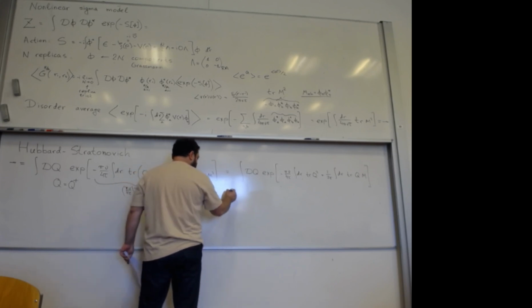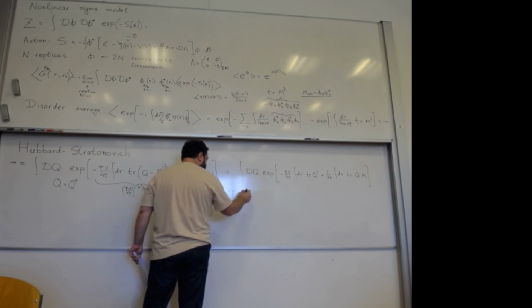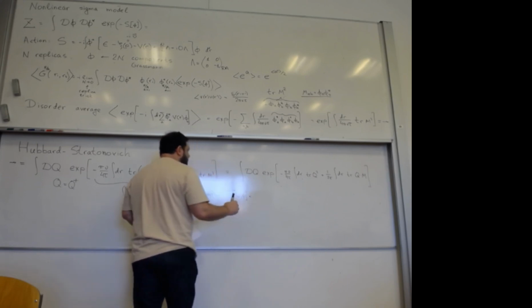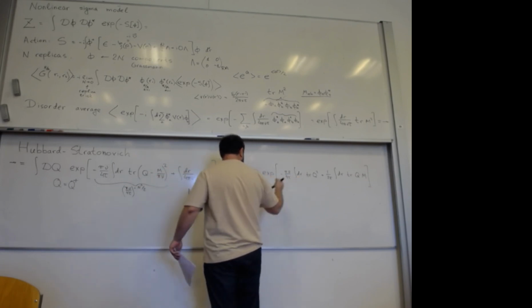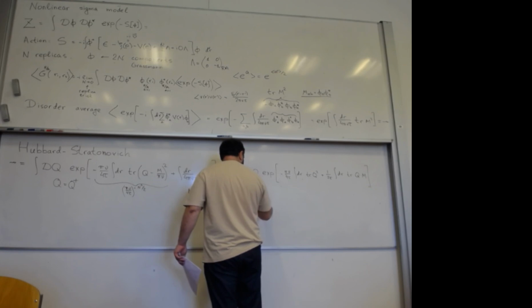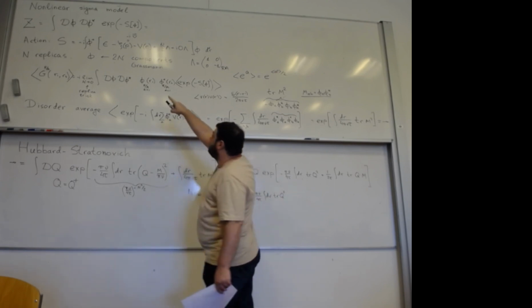that looks like this. Now it's the action that depends on q and on phi, and two things. And it looks similar to the original action. First, it has this term, which I call pi nu over 4 tau, integral space trace q squared. And then I have all the rest.